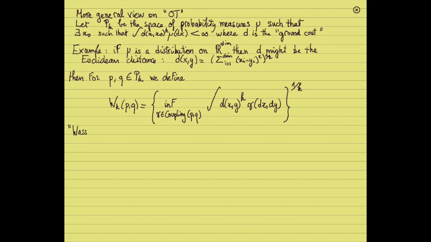So later on we'll consider the case k equal to 1 and perhaps sometimes k equal to 2. This we call the Wasserstein or Monge-Kantorovich distance between p and q.